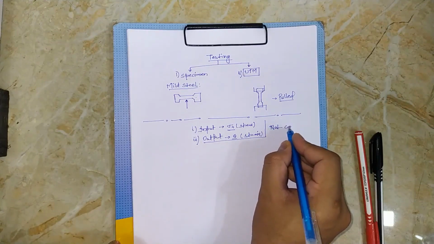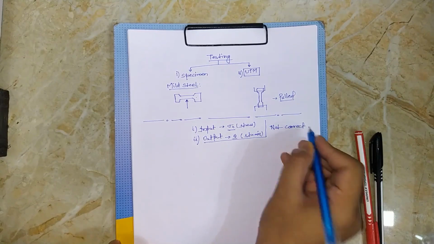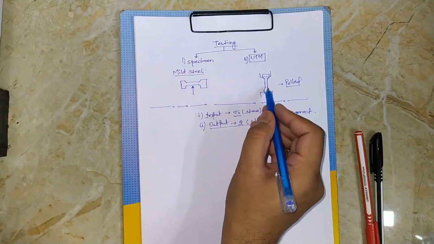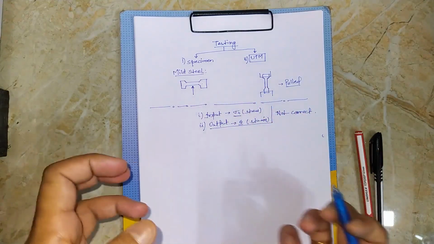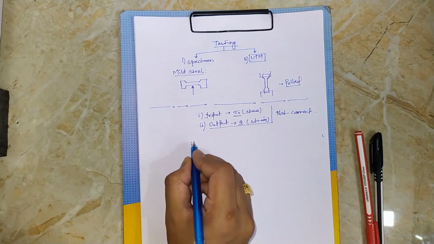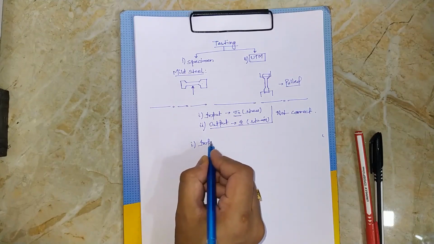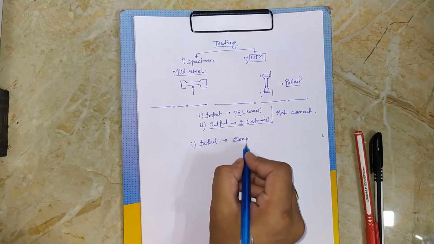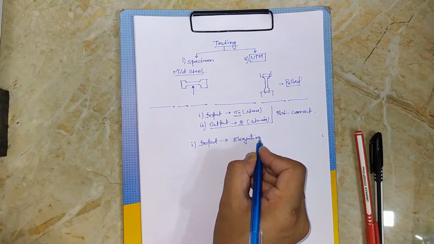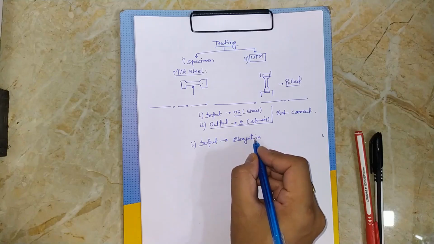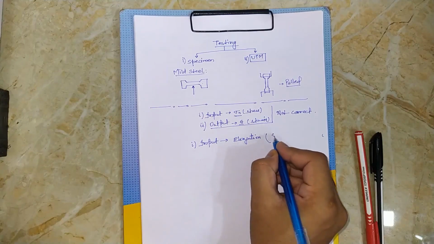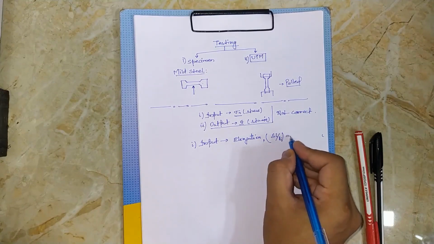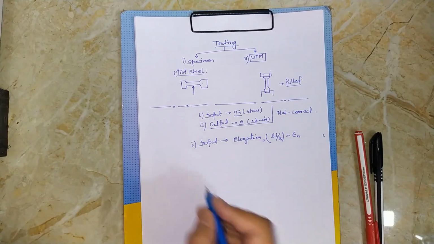What is true is that we hold the specimen in the jaws of the UTM and pull it. So the input given to the specimen by the UTM is elongation, which is measurable. If elongation is divided by the initial length, it becomes nominal strain.